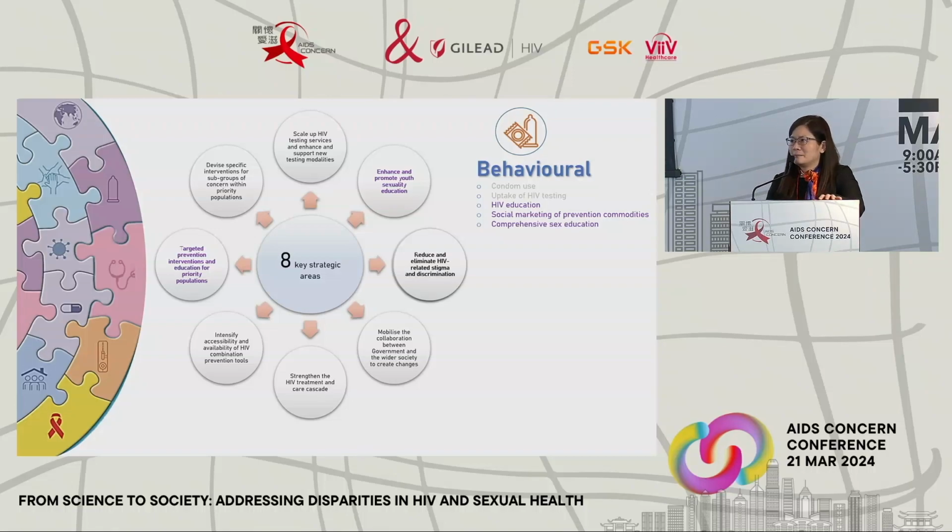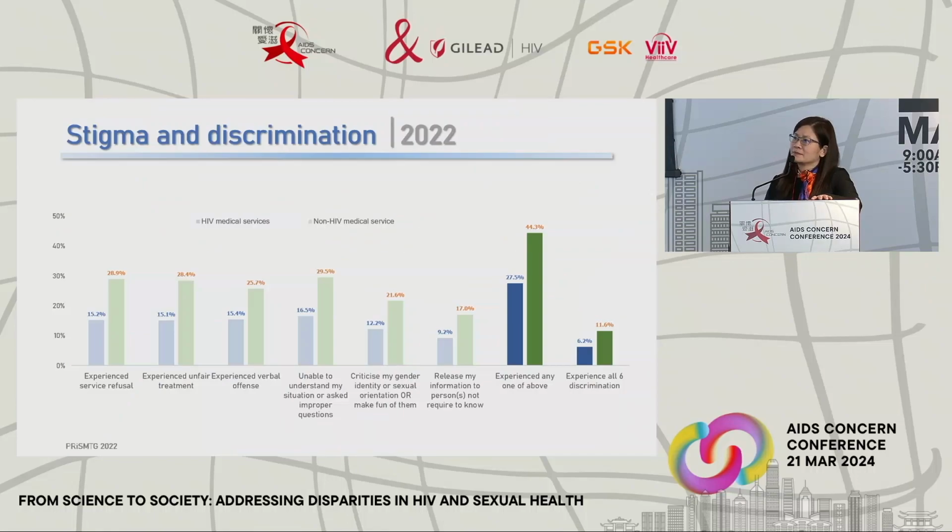For the behavioural part, in the previous slide I deliberately dimmed some of them because they are not included in the quantifiable targets. However, they are no less important because they are already mentioned in the key strategic areas, including sexual education, HIV education, etc. For the structural part, it is stigma and discrimination reduction, also very important as mentioned in one of the key strategic areas.